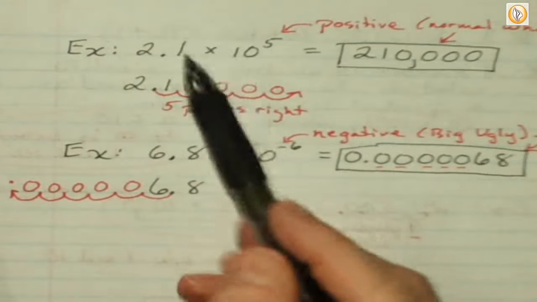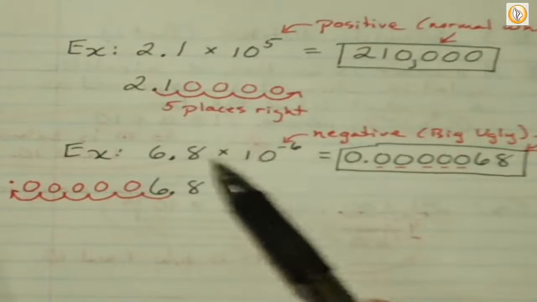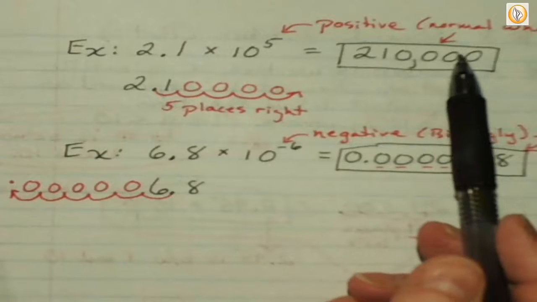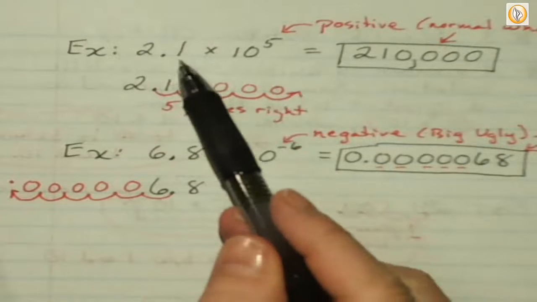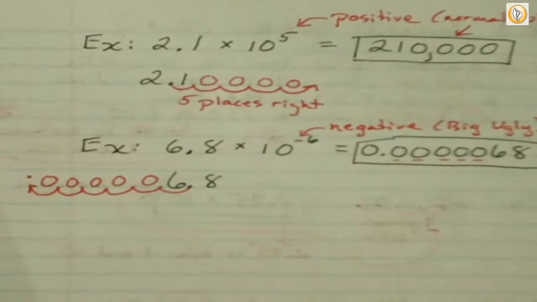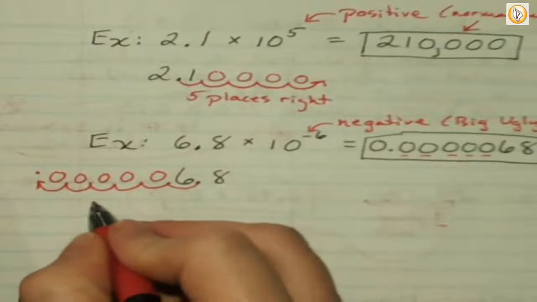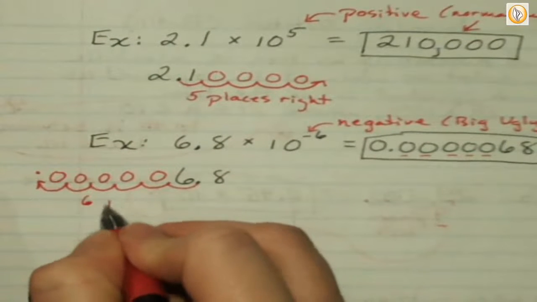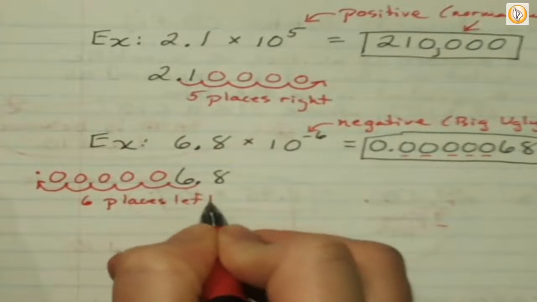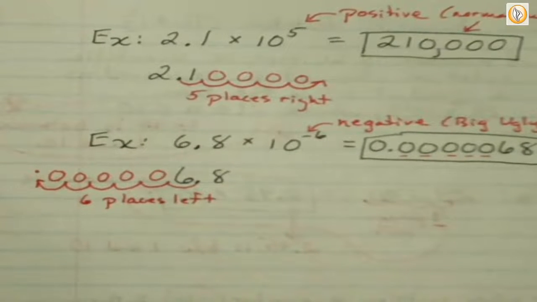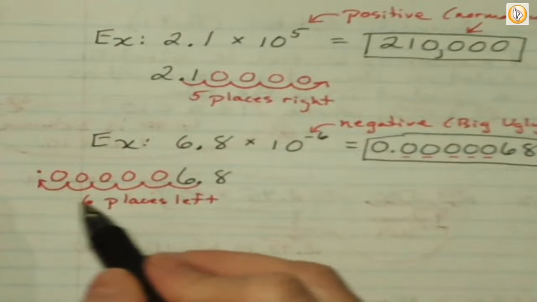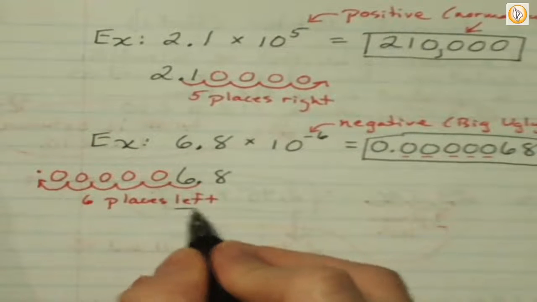Okay, so both of these are correctly written in scientific notation. But if they ask you to put it in regular number, if this is positive, you move the decimal right. If it's negative, you move it, oops, I didn't even write that, 6 places left. So if it's negative, you have to move it 6 places to the left.